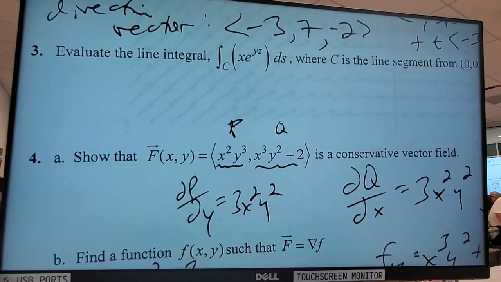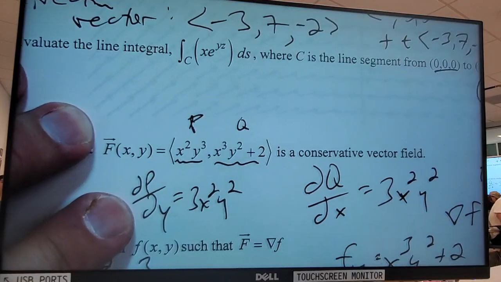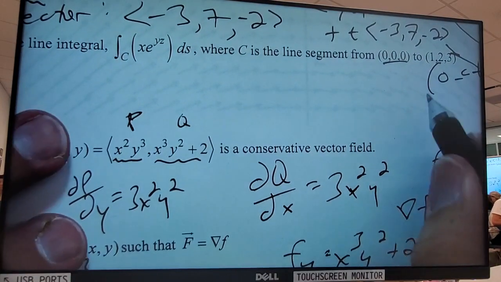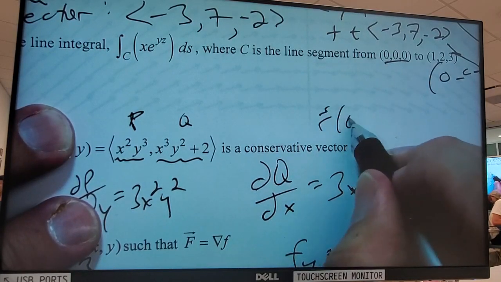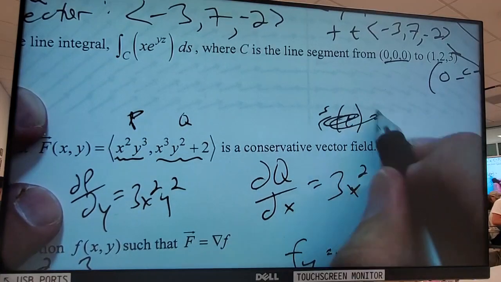It's (1, 2, 3). Yeah, this one's nice because it started at the origin. Yes? So what is my parameterization? What's my r of t? Let me see it more clearly.